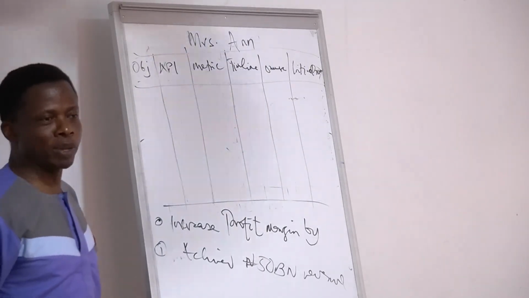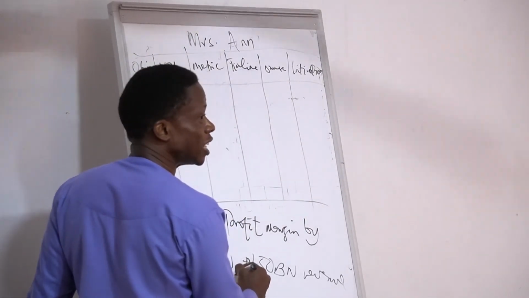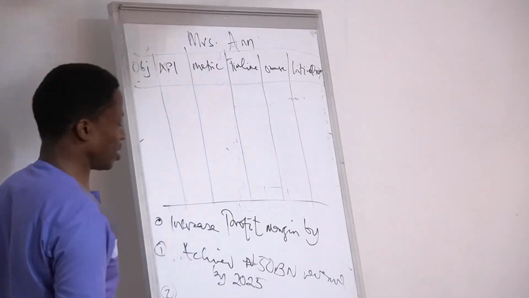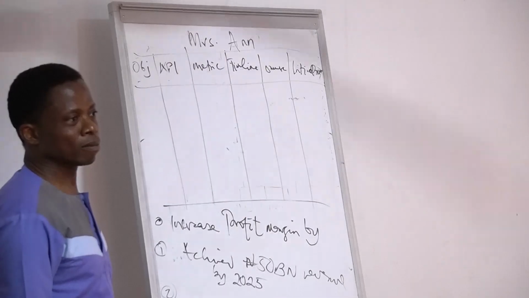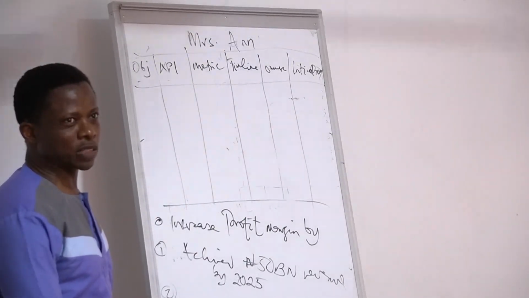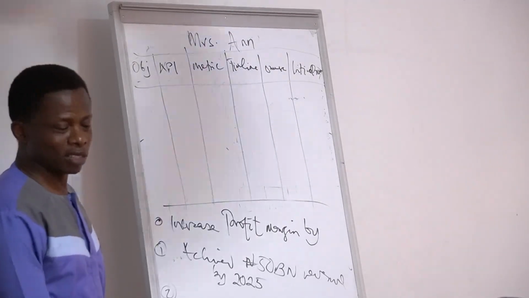Achieve 50 billion naira revenue by year 2025. Which other? Let's quickly set other goals. I think we can even work with this. It is sales. Okay, fine.